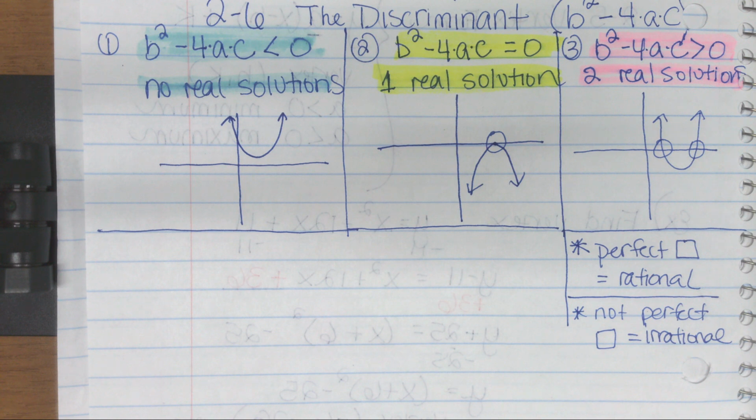Okay, so the last thing that we're going to do is I'm going to have us look at one, and we're going to talk about how you can figure out what value one of either the A, B, or C has to be to make it have the correct number of solutions.